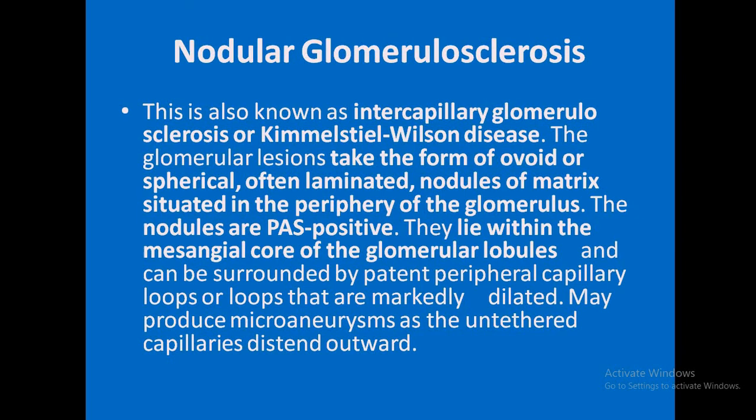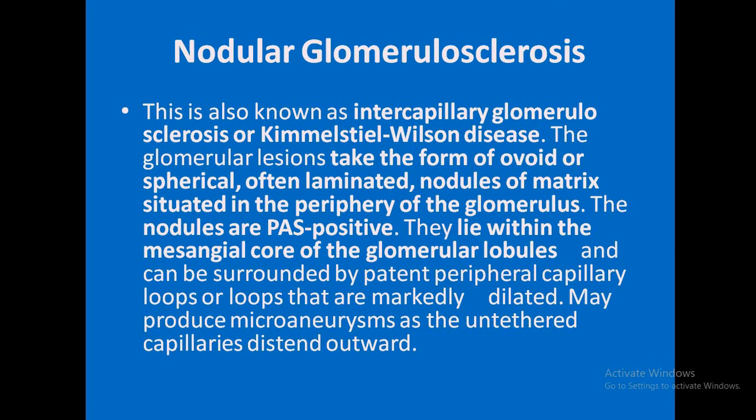Nodular glomerulosclerosis is another important pathological finding in long-standing diabetes. It is also known as Kimmelstiel-Wilson disease or intercapillary glomerulosclerosis. The lesions are ovoid or spherical and they are often laminated, and there are nodules of matrix situated in the periphery of the glomerulus, and these nodules are PAS positive.